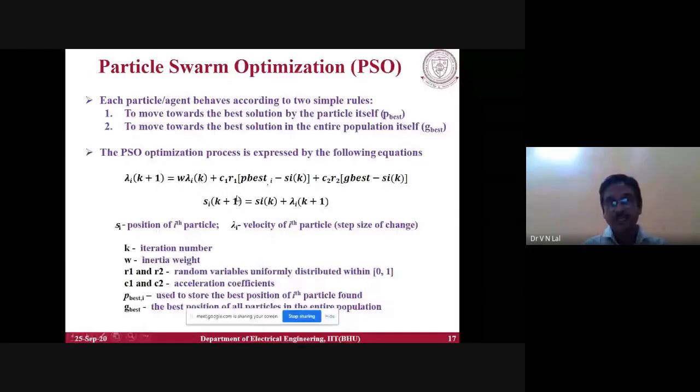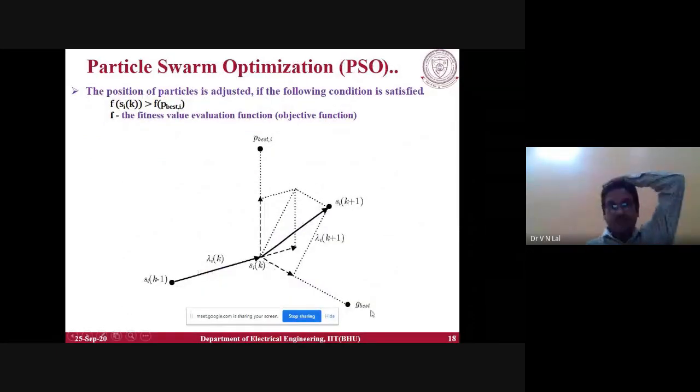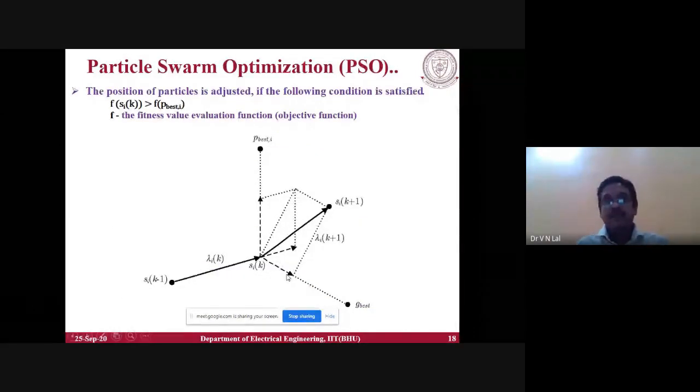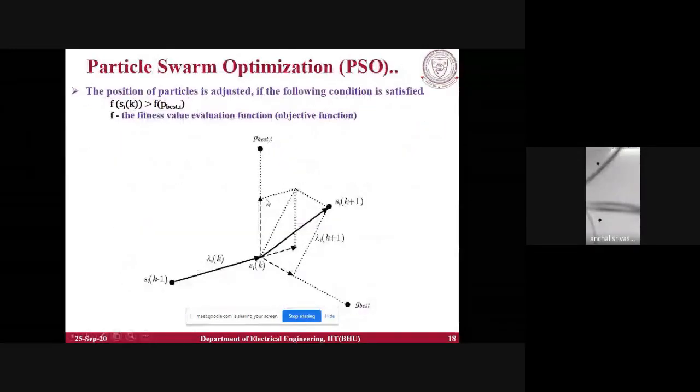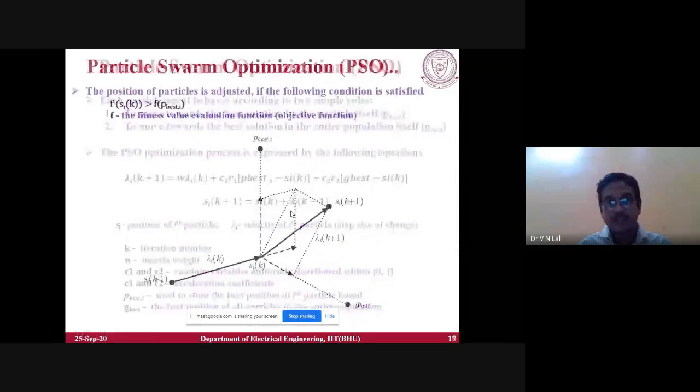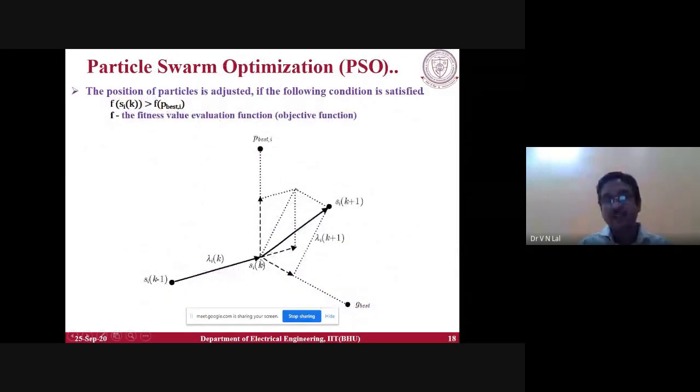Then G best minus Sik multiplied by the factor C2R2 is this one. Then P best i minus Sik multiplied by this factor is represented by this line. So by summation of these three lines, we get this new position, and it will be continued till this fitness value evaluation function is satisfied.